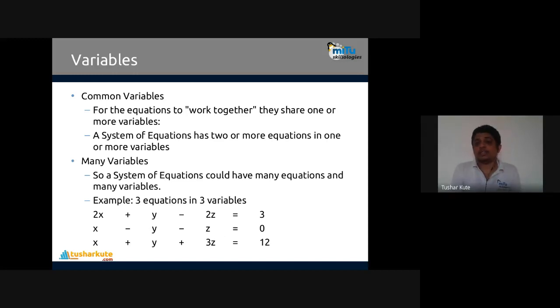So you can have many different kinds of equations. A system of equations could have many equations and many variables also. You can see this one: 3 equations with 3 variables, and their variables are common. For example, 2x plus y minus 2z is equal to 3, and x minus y minus z is equal to 0.